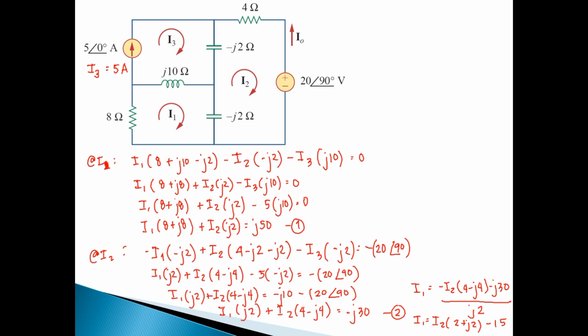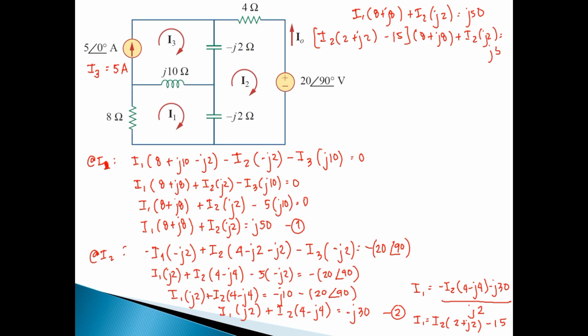So let us substitute this second equation into our first equation. I1 times 8 plus j8, plus I2 times j2, equal to j50. Substituting the second equation, we'll have I2 times 2 plus j2, minus 15, times 8 plus j8, plus I2 times j2, equal to j50.